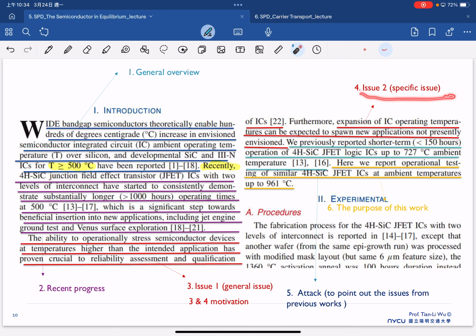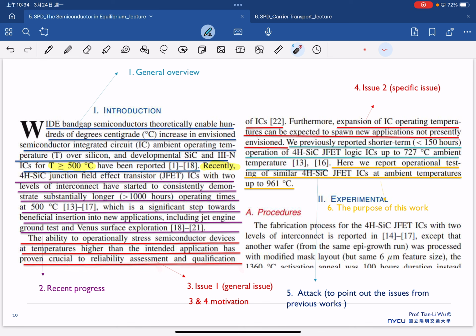Issue 1 is the more general issue: the ability to operationally stress semiconductors at high temperature higher than the application has proven crucial to reliability assessment and qualification. So that's a general issue.